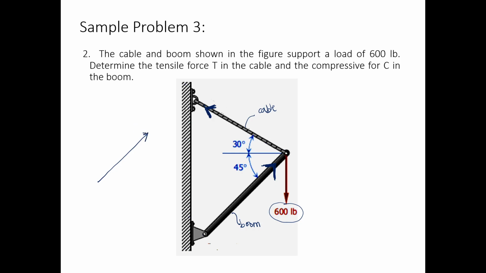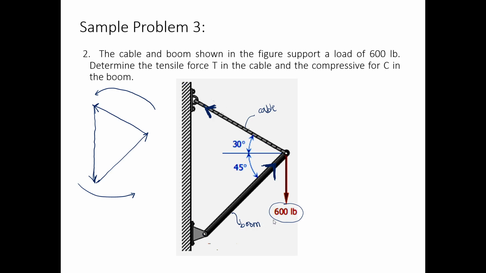This is the tension force. And then this is the 600 pound force here. It's looping, so it creates a closed triangular polygon. So let's try to label it.